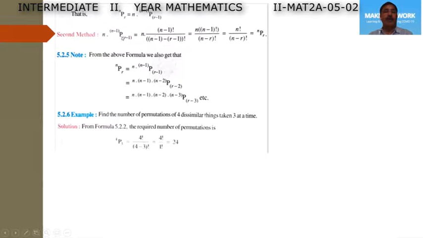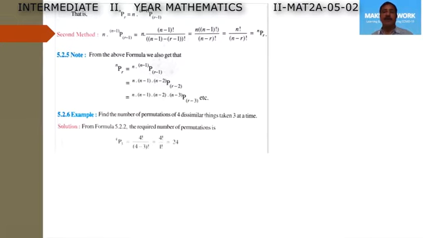So n × (n−1)P(r−1): the formula for (n−1)P(r−1) is (n−1)! / ((n−1)−(r−1))!. Now this n × (n−1)! over (n−1−r+1)!: the plus 1 and minus 1 will get cancelled.